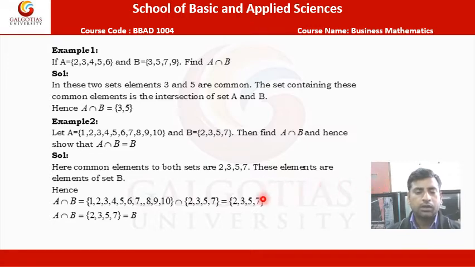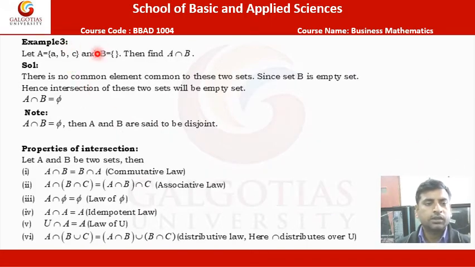These elements are elements of set B, and this is the complete set B. So hence A intersection B will contain all the common elements of A and B, which is nothing but the set B. So hence true.